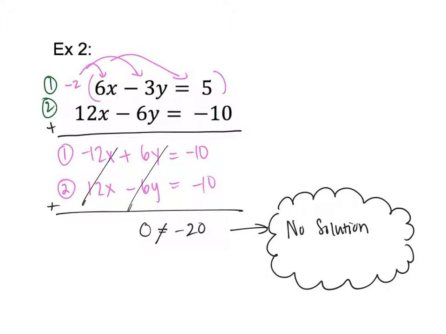Well, we learned if something is no solution, they are parallel lines, right? Parallel lines never intersect. So that means that if they never intersect, they're never going to have a solution, because solutions are about intersections. And so in this case, you also know that they are parallel lines.